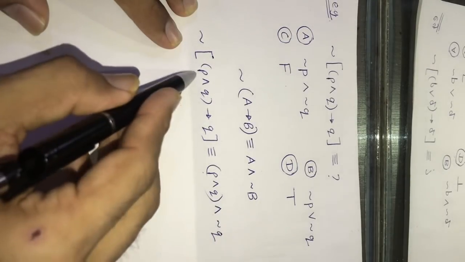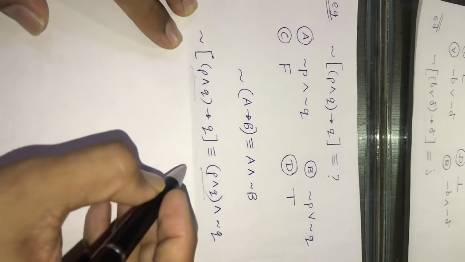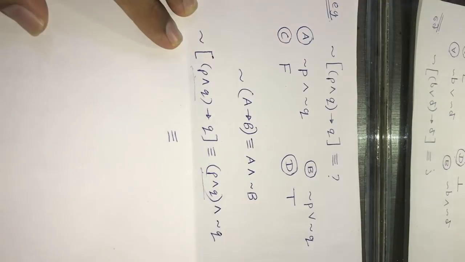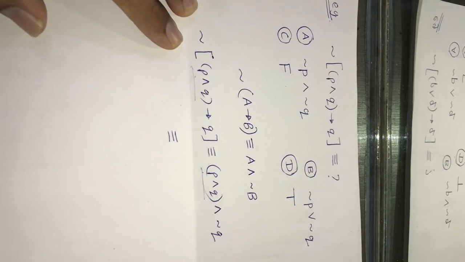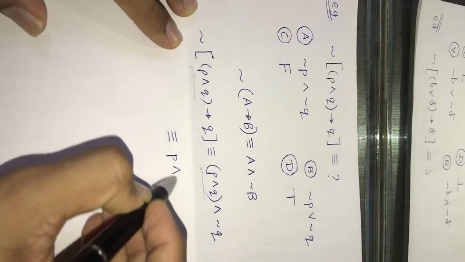This will copy as it is. P and Q will copy as it is, and there will be negation Q. And then once that is done, you can now say andar or bahar, the signs are same. And if the signs are same, I have taught you something called associative law.